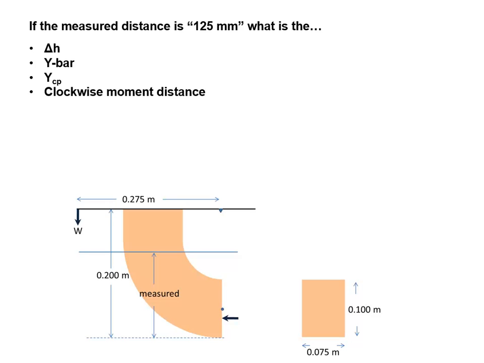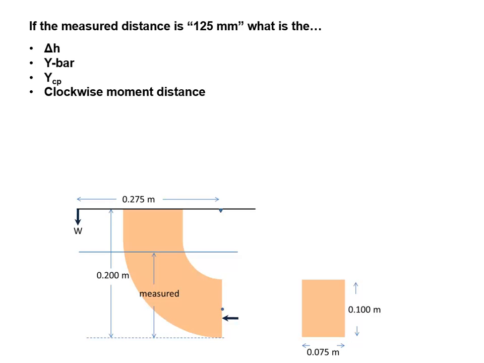Okay. So what is the magnitude of the force? It's going to be the pressure at the centroid times the area. In other words, it'll be delta H times gamma times the area. Delta H is, as we found before, 0.075 meters.